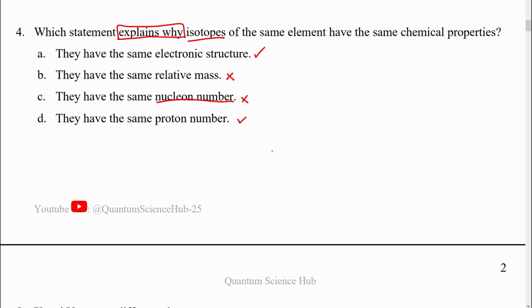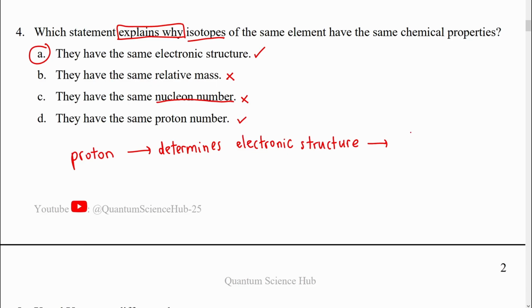Yes, and this is the reason for the same chemical properties. So therefore, the best answer is still A, because chemical reactions depend on the arrangement of electrons, not the protons directly, even though protons determine the electron arrangement. So you can think of it like this: proton number determines electronic structure, and electronic structure determines chemical properties. So that's why the answer is A.